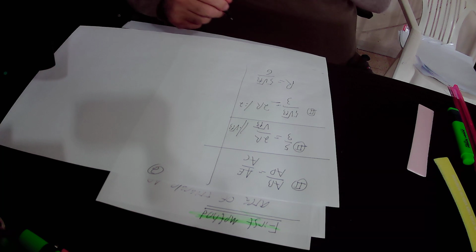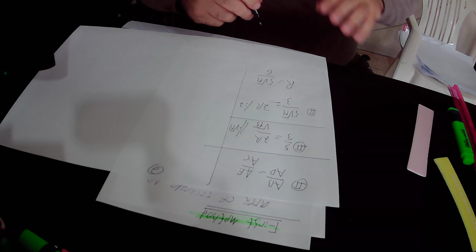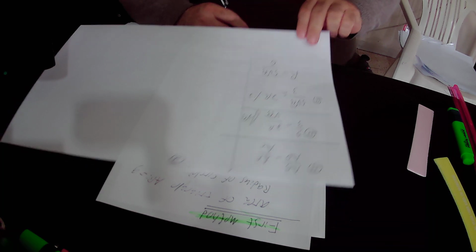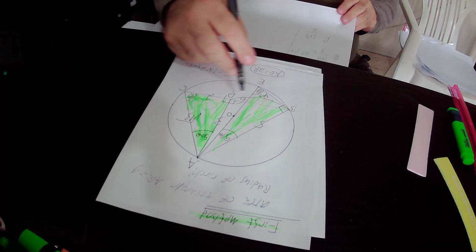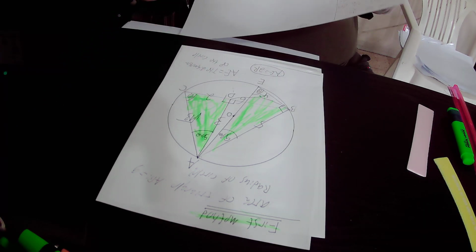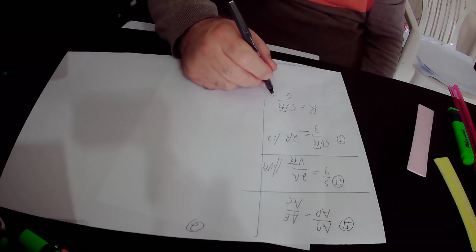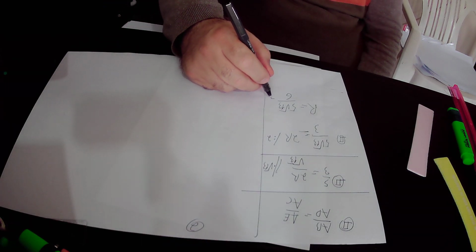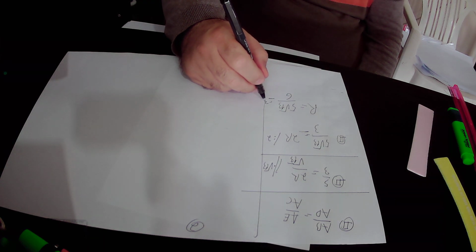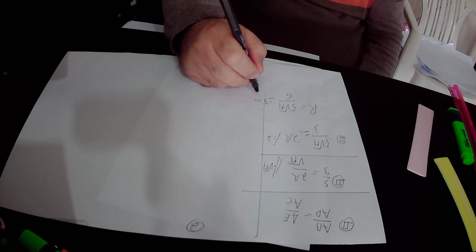Okay? So in conclusion, we found out that the radius of this circle that circumscribes triangle ABC is equal to 5 times square root of 13 over 6 units, or in terms of numbers, it is about 3.00 units, that is a little bit greater than 3 units.